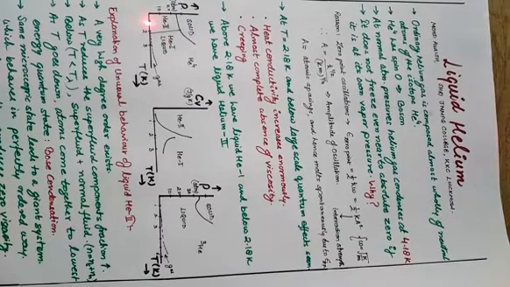In order to convert liquid helium into solid, you need to apply a high pressure of around 26 atmospheres. We will see the reason why liquid helium does not freeze even when the temperature is reduced to near absolute zero, in a couple of minutes.